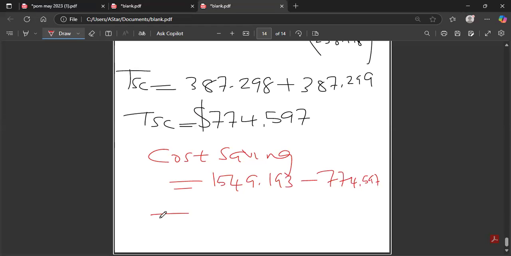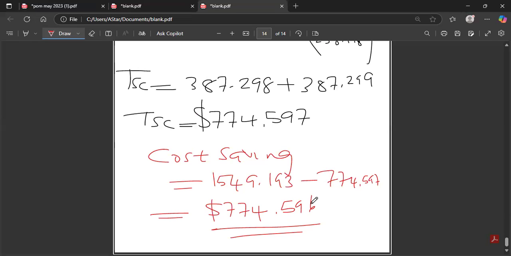Are we together? So the cost saving is giving us 774.596. So this is our cost saving, and this marks the end of this question.